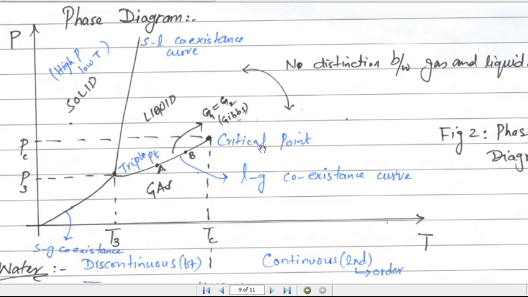But when you are in this region, you cannot distinguish between a liquid and a gas. This is a very interesting thing, and it can be seen experimentally. It's not difficult to verify this experimentally.